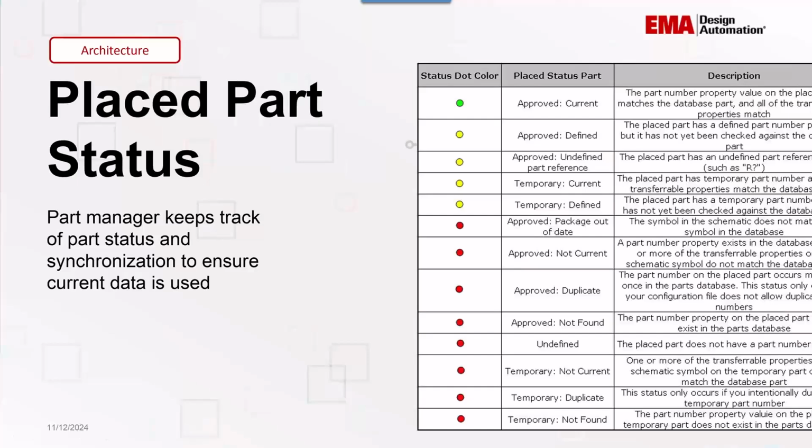So you'll see we're now getting into the idea of having a part introduction process. Your team can go and put parts in their design that they might want to use, but hasn't been formally reviewed or approved yet, right? So it gives you a whole structure for which you can start checking your designs and having confidence in releasing out a design to a board when everything is approved and current.